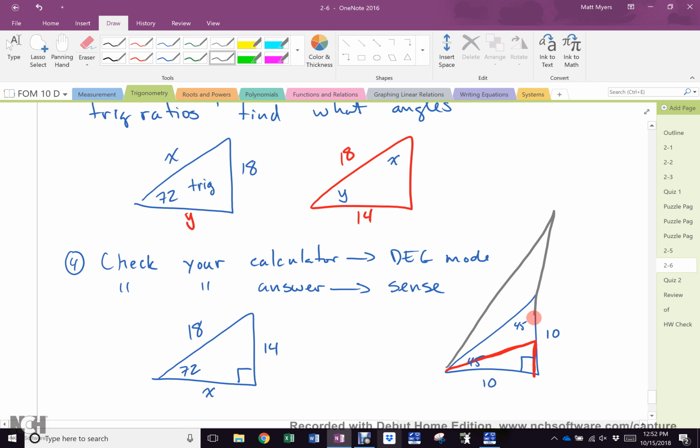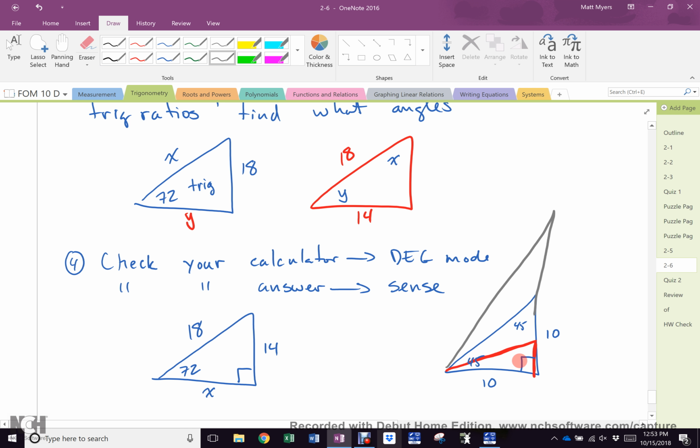Bigger. If it's a very big angle, is this going to be very large compared to this? Yes. If it is a very small angle, will this be very small compared to this? If it is a very small angle, then will this hypotenuse be very similar to 10?